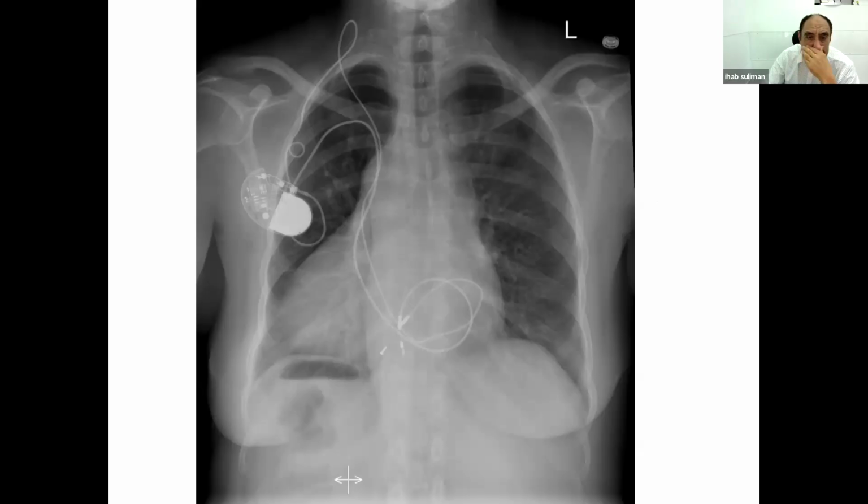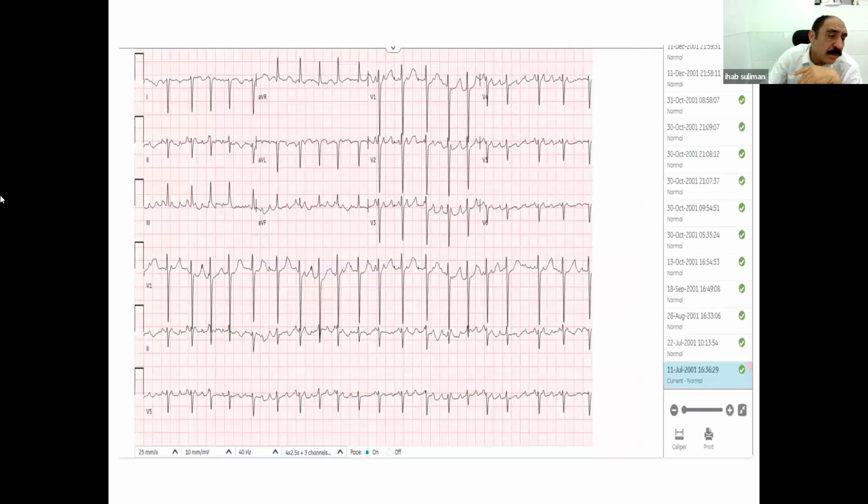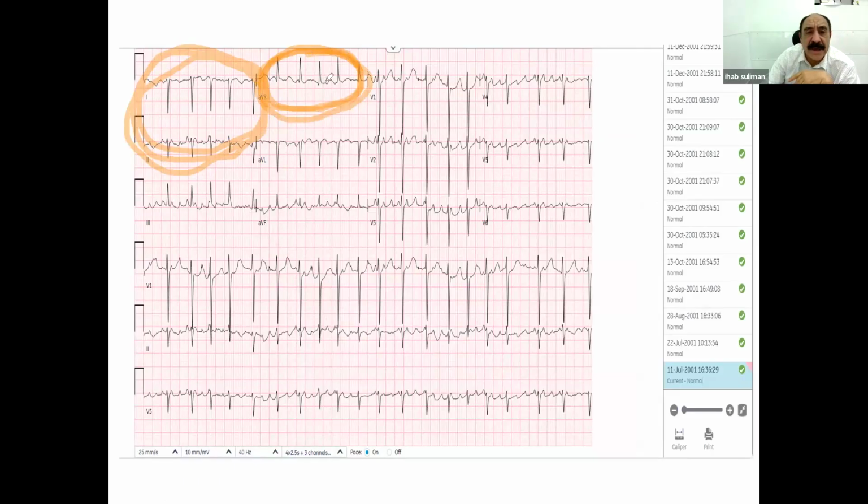Let us open the ECG. Important to note that in dextrocardia, lead 1 is always negative, and AVR, which is negative in a normal ECG, is positive. So AVR is positive, and lead 1 is negative. It is important to note that.